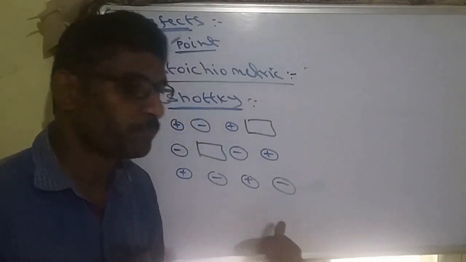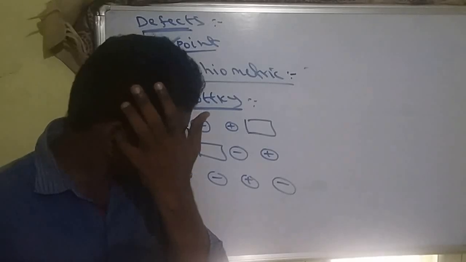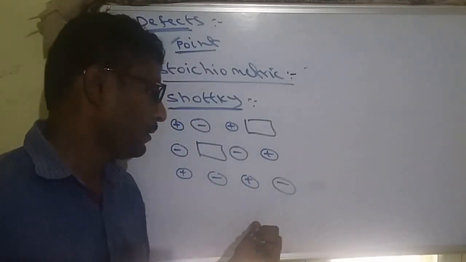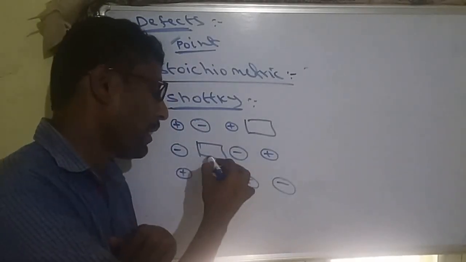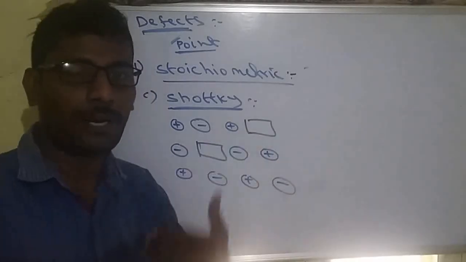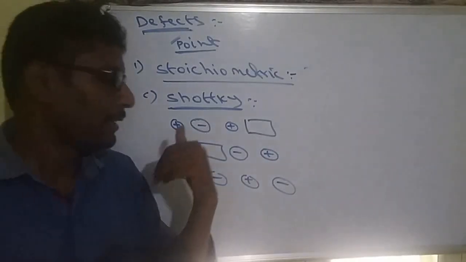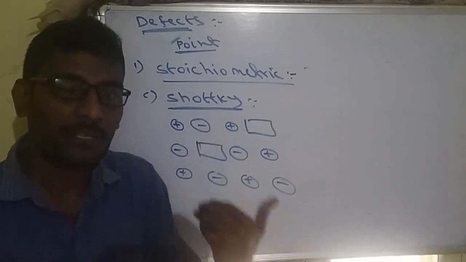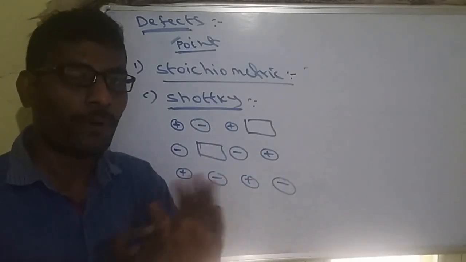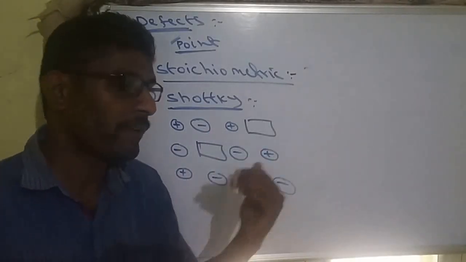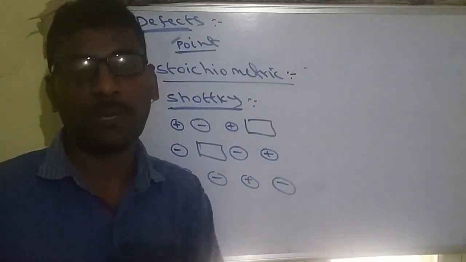So here also density will be decreased, due to loss of some ions. Because of that, lattice energy will decrease. What is lattice energy? Energy required to break 1 mole of ions. Here the number of ions is decreasing, so the required energy will decrease.